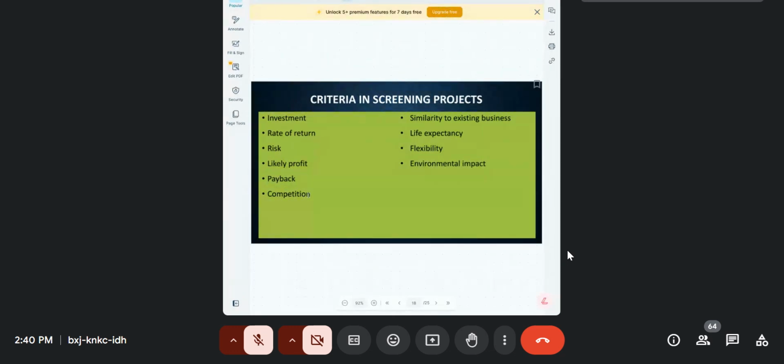It might be competition, similarity to existing business. It might be life expectancy. It could be flexibility. It could also be environmental impact, and so many more criteria. So depending on what project you are doing, these criteria can vary widely.